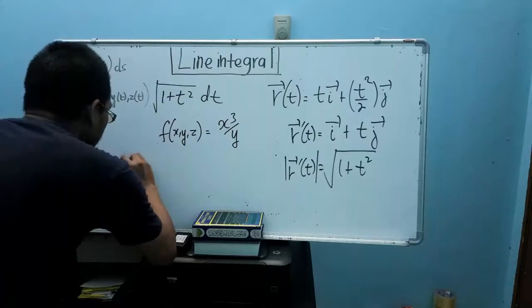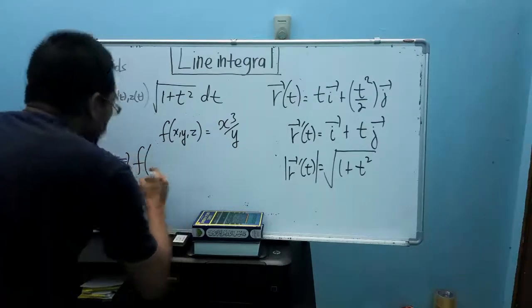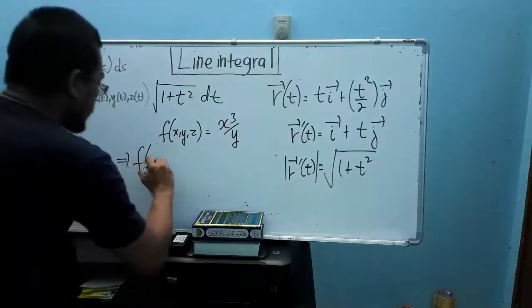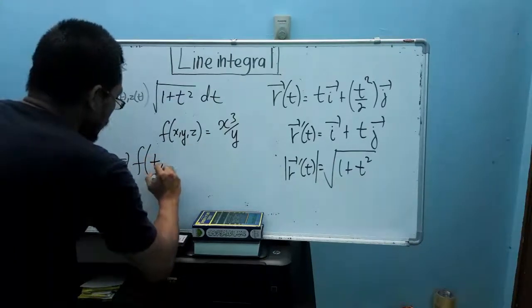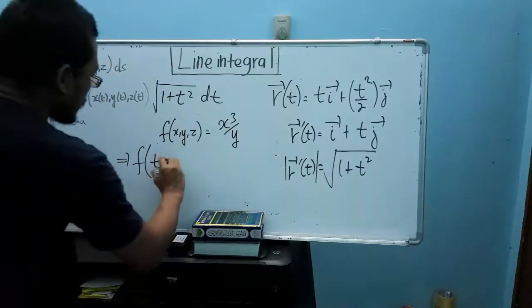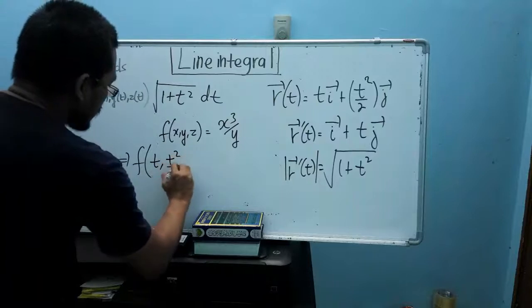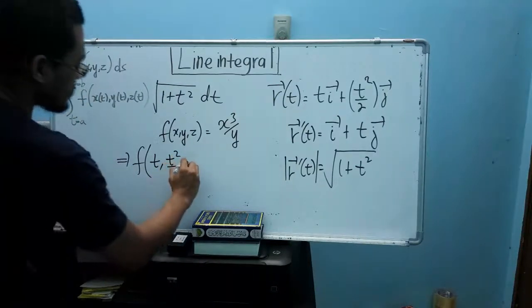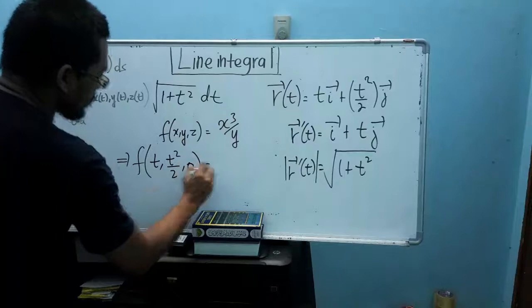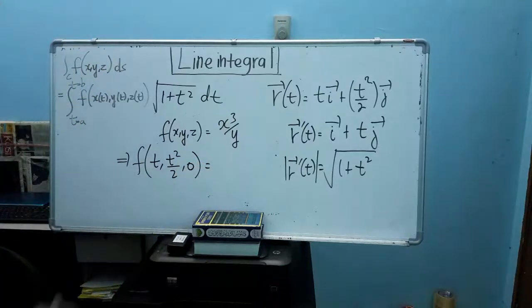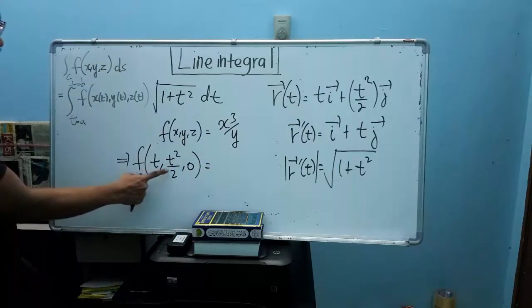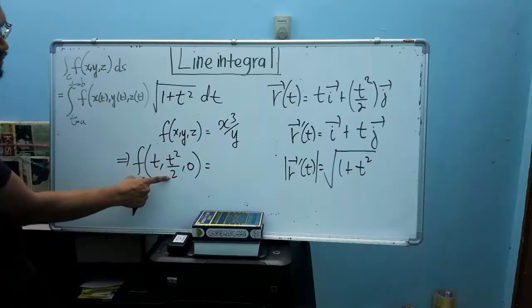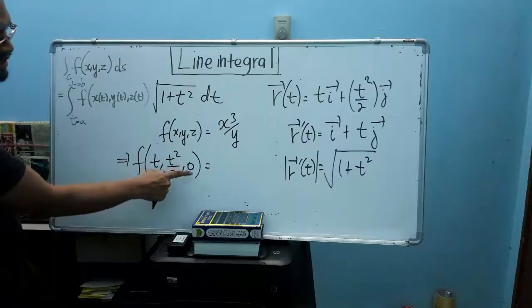So from here, I need to find this. My x(t) is equal to t, my y(t) is equal to t squared over 2, and my z is equal to 0.